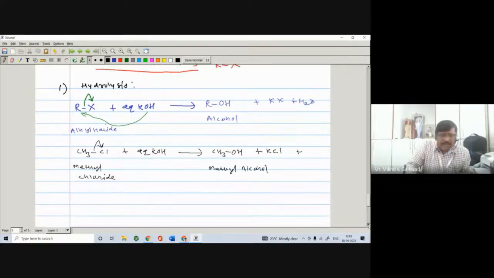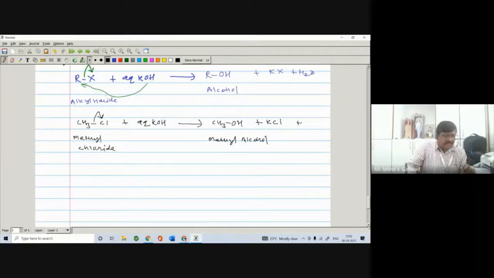Now the next one is the hydrolysis reaction. Similarly, you can carry out the reaction in the presence of CH3CH2Cl with Ag2O, silver oxide, and water, H2O.